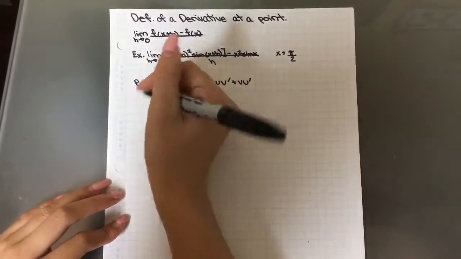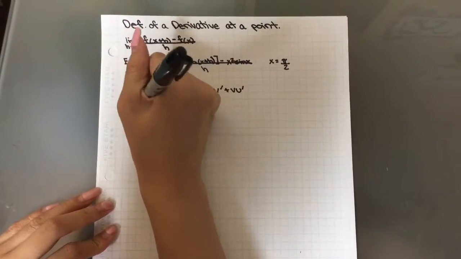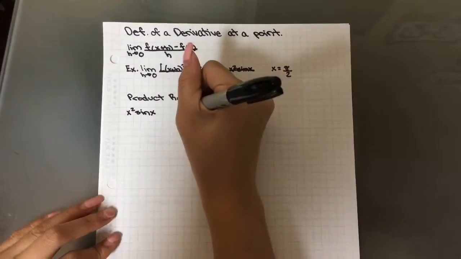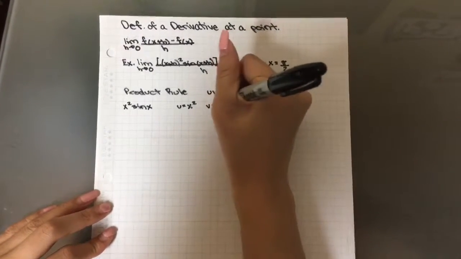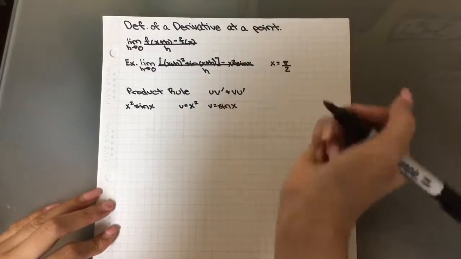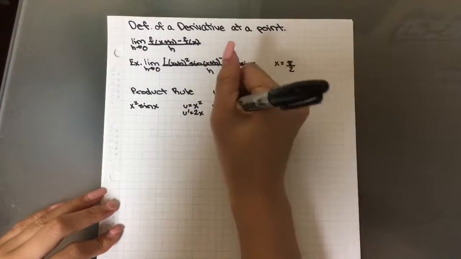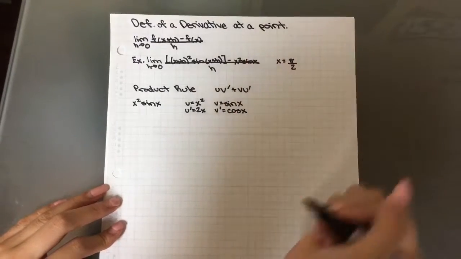First you set the function into these variables: u is going to equal x squared and v is going to equal sine of x, and u prime is going to be 2x and v prime is going to be cosine of x.